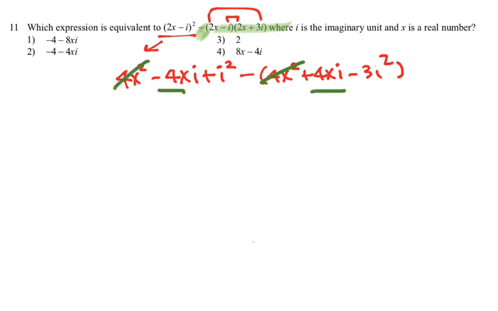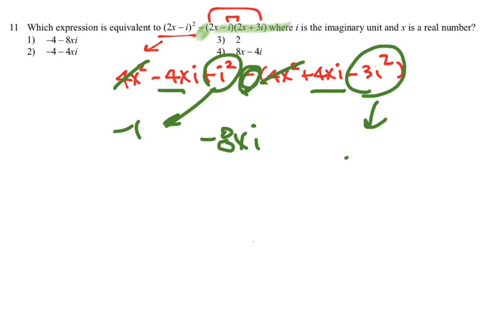And then you can combine negative 4xi and here 4xi, but because of the negative sign, we get negative 8xi. And i squared is negative 1. The other one is negative 3. So when you combine them together, negative 4 plus negative 8xi, which is choice 1.